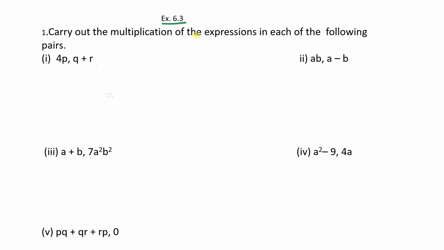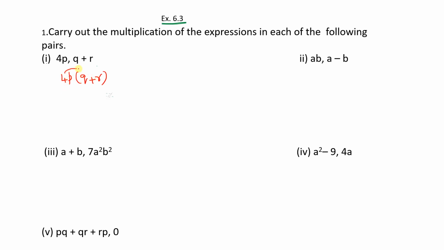Carry out the multiplication of expressions in each of the following pairs. You are given two expressions, right? So 4p into (q plus r). This is the product of a monomial and a binomial. You need to follow the distributive property of multiplication over addition.